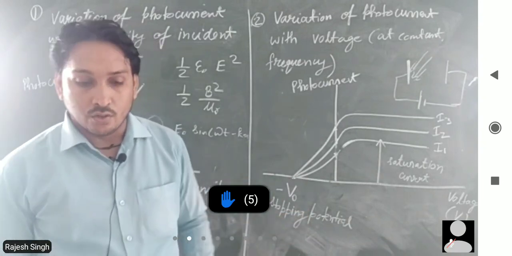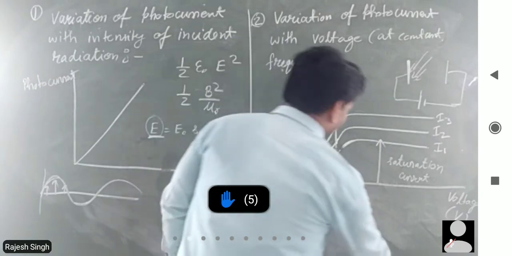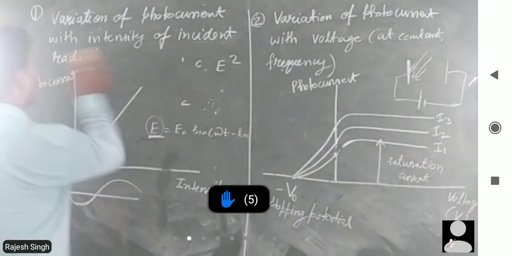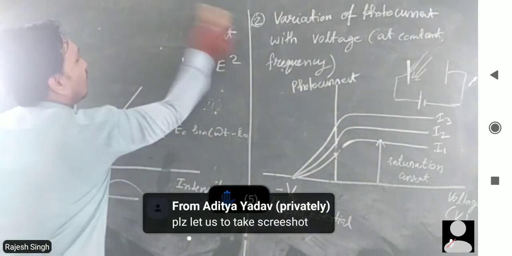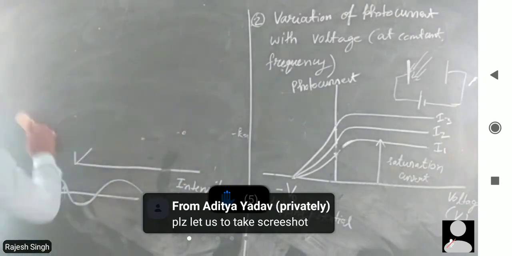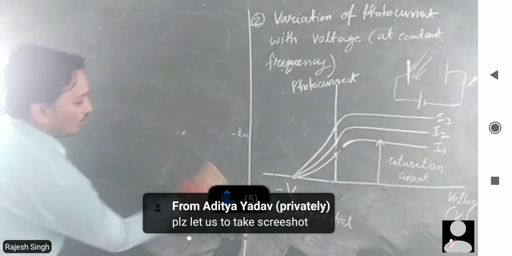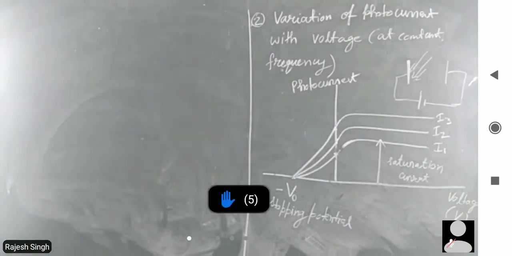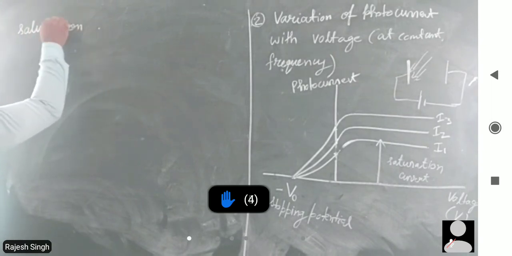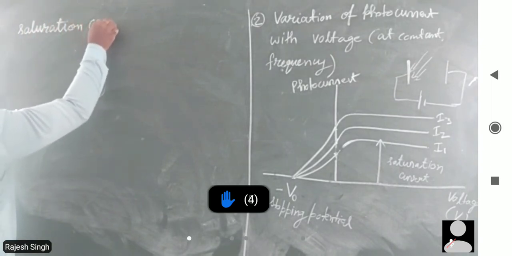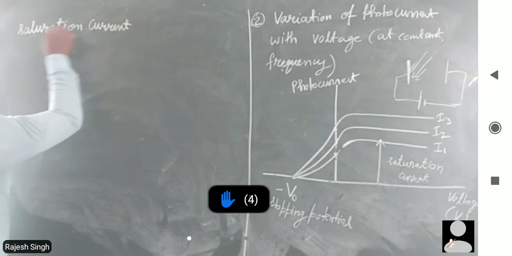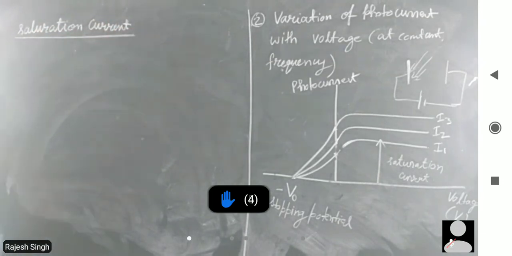Now, from the graph, there are some important definitions. Let us write those definitions. The first definition we are going to study is saturation current. What is saturation current?